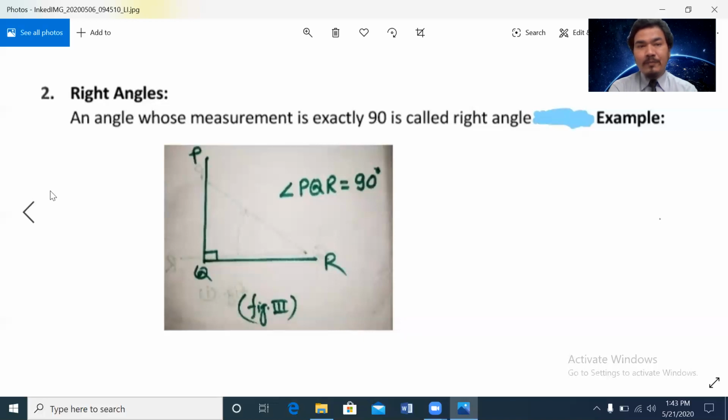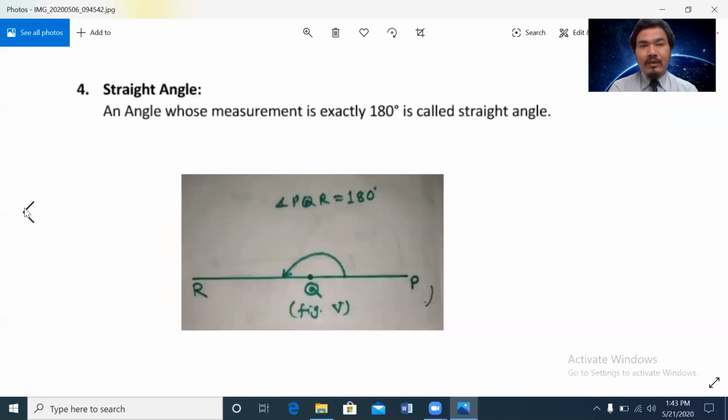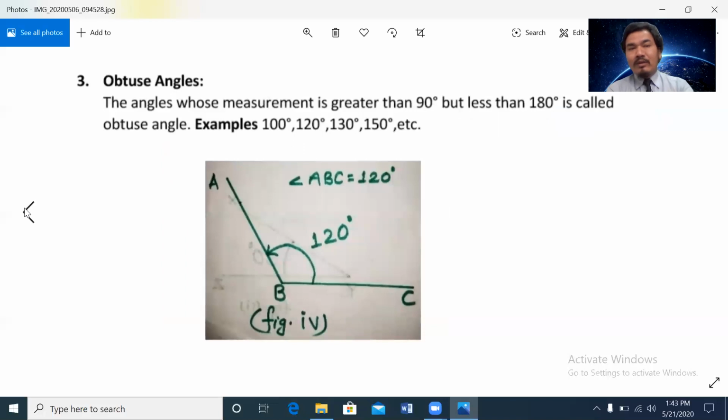Let's move to the next type of angles, that is the obtuse angle. What is the meaning of obtuse angle? An angle whose measurement is greater than 90 degree but less than 180 degree is called an obtuse angle.